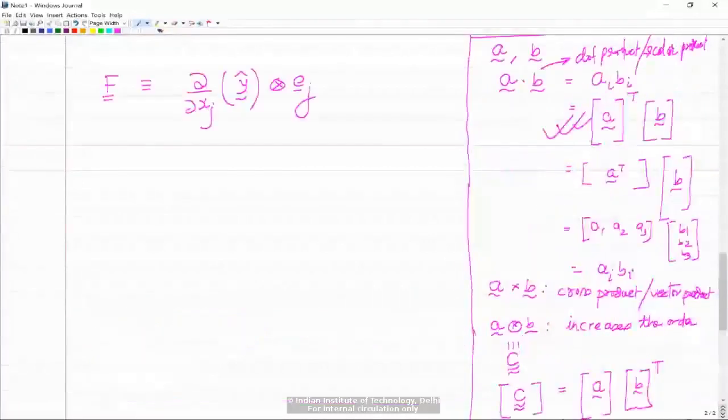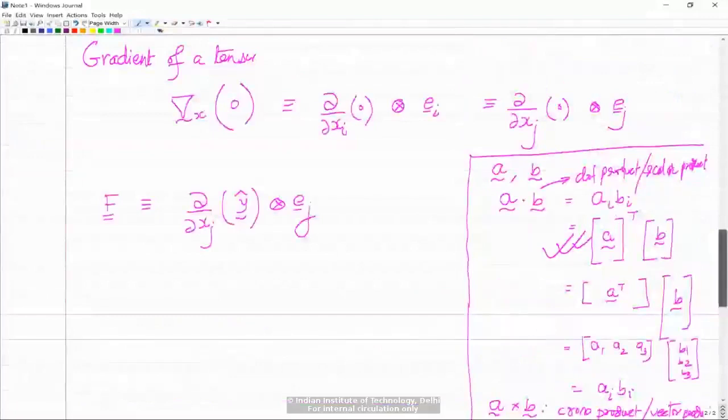Now coming back here to the deformation gradient tensor. Now you see, I want to get the gradient of this vector function y hat.